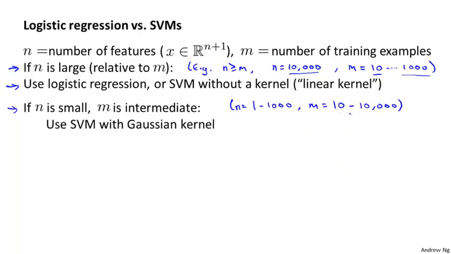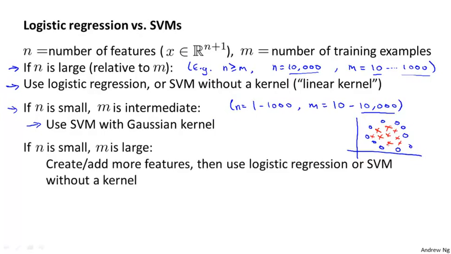So if m is pretty big, like maybe 10,000, but not a million, so if m is intermediate size, then often an SVM with a Gaussian kernel will work well. We talked about this earlier as well, but one concrete example of this would be if you have a two-dimensional training set. So if n is equal to 2, but you have a pretty large number of training examples, a Gaussian kernel would do a pretty good job separating the positive and negative classes.